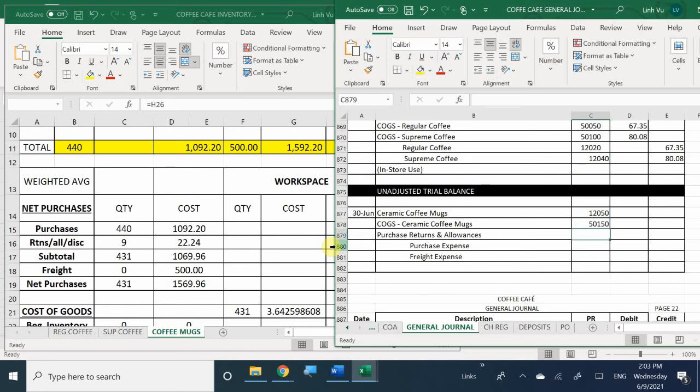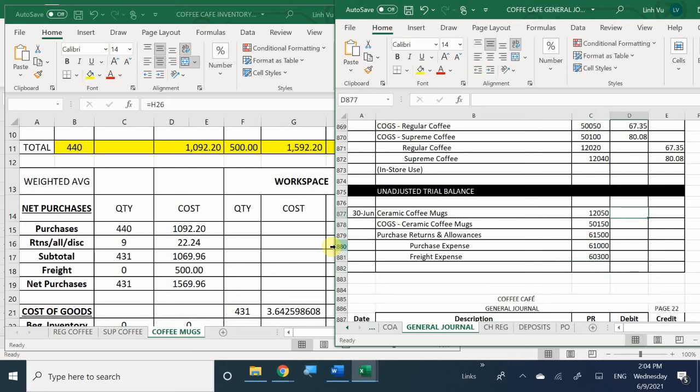Purchase return and allowances is 61500. Purchase expense is 61000, and freight expense is 6300. 6300. Yeah.